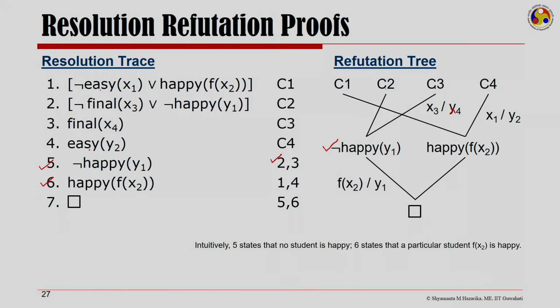Then I could have happy f x y2 from 3 and 4.